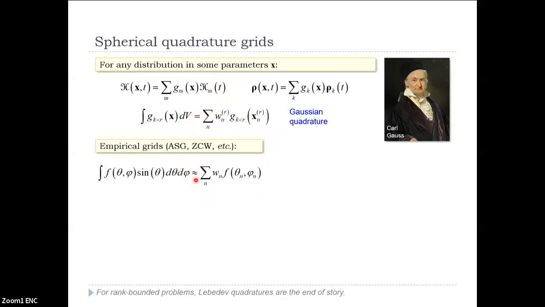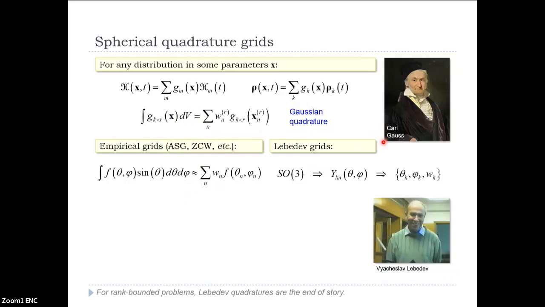Notice the difference, right? This is an approximation. It's the usual finite interval approximation to an integral, right? You remember the rectangles, the trapezium, the Simpson, and so on, and that's just the extension to multiple dimensions. But what we do want instead is not an approximation. We want the exact thing. And actually, Gaussian quadratures make it possible if you are bounded on the spherical ranks.